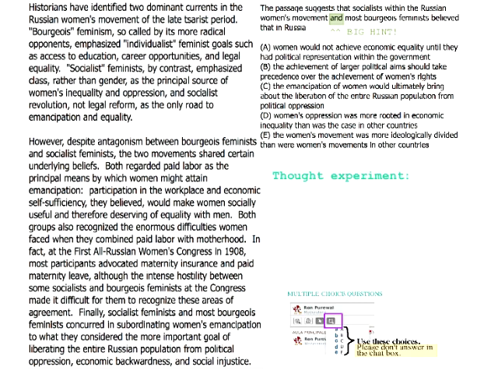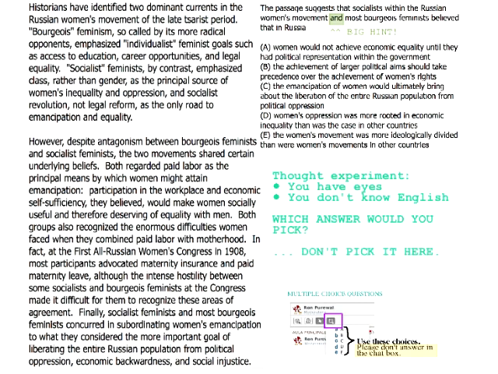You have eyes, but they work, you're not blind, but you don't know English. Which answer would you pick? Don't pick it here. Don't do it. There should be a lot of you changing your answer. Go for it.